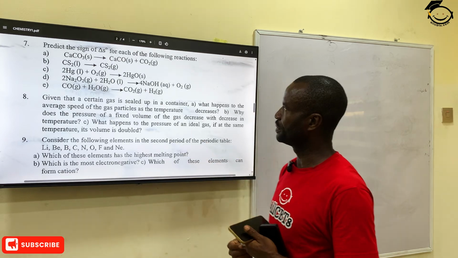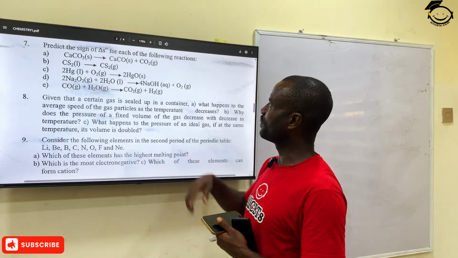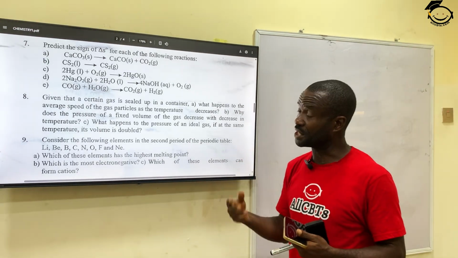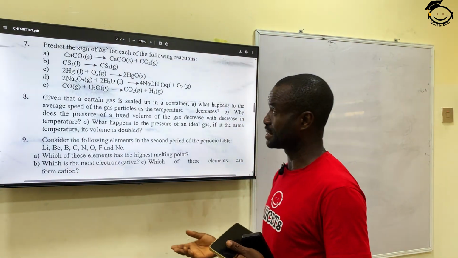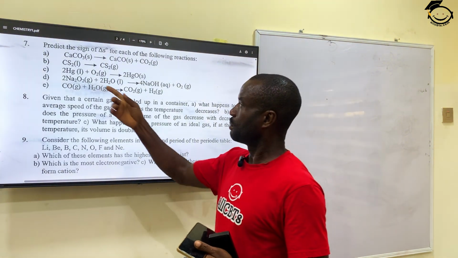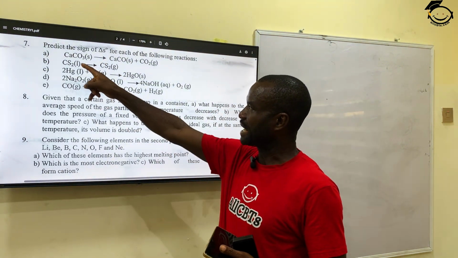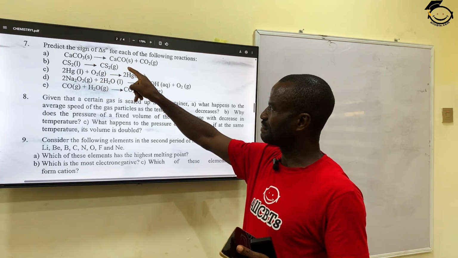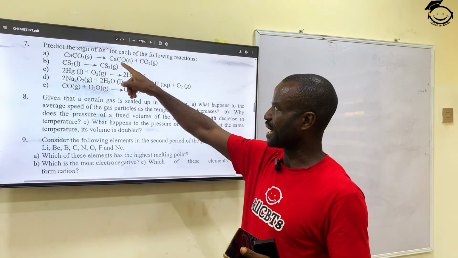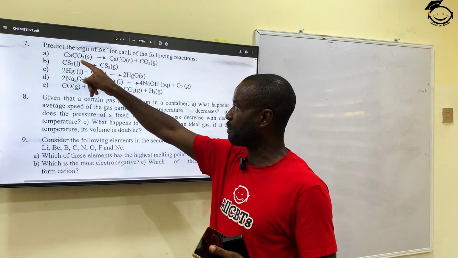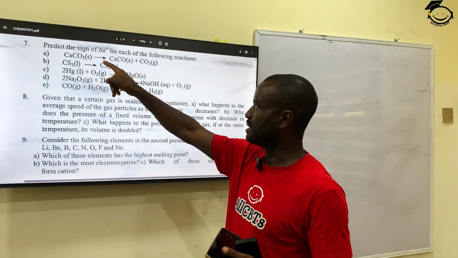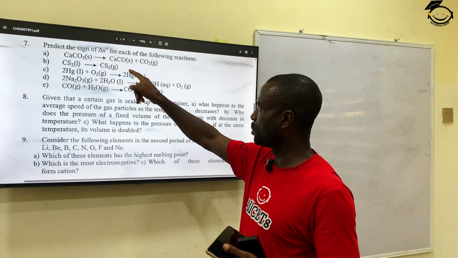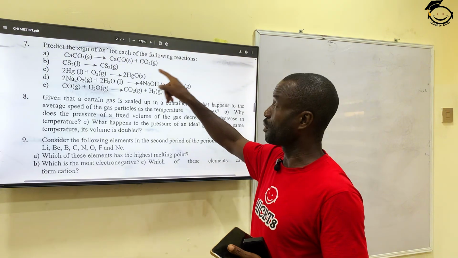All right, question 7 says predict the sign of entropy change for each of the following reactions. Of course, entropy is the degree of disorderliness of a substance. We have A, calcium carbonate, which is solid, and it breaks down to give us CaO plus carbon 4 oxide.